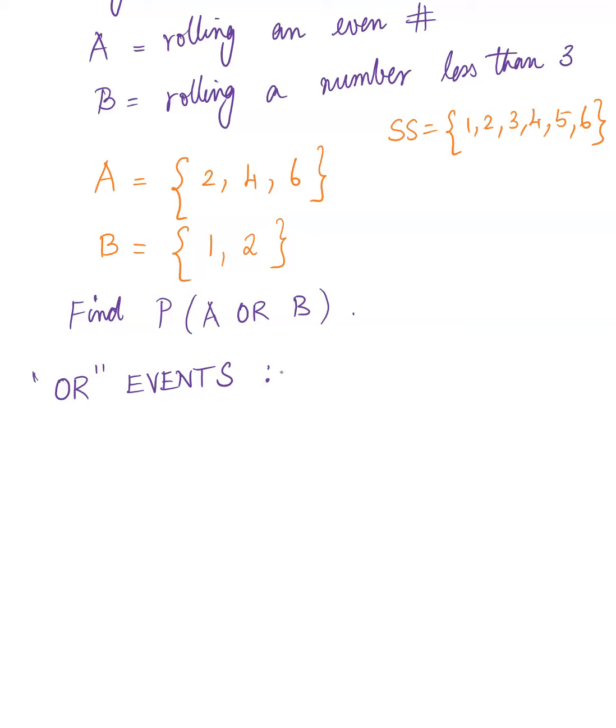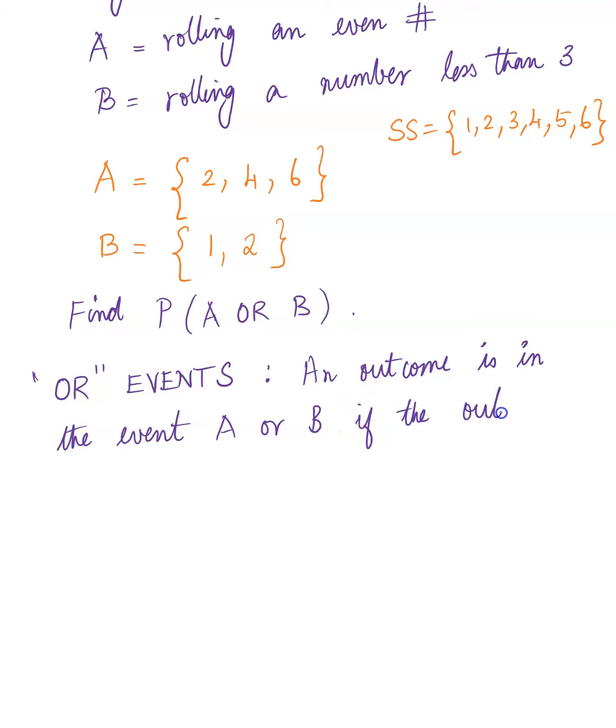So it is something you will see in compound events. For OR events, here's the definition: an outcome is in the event A or B if the outcome is in A or B or in both A and B.